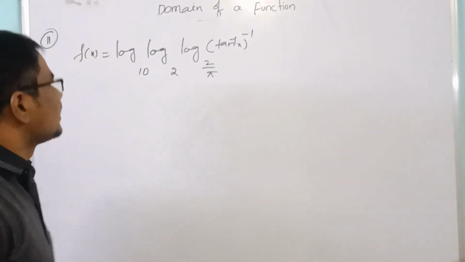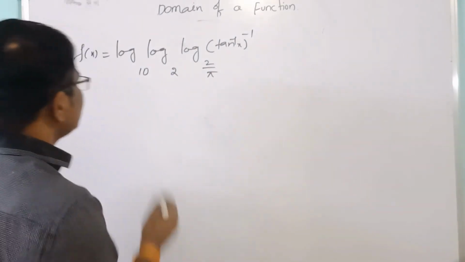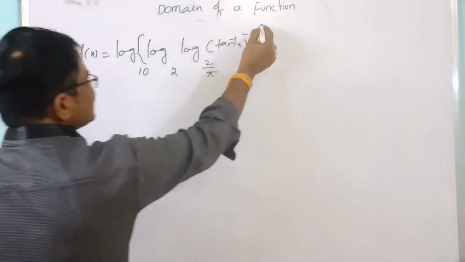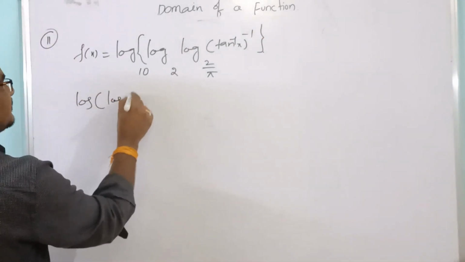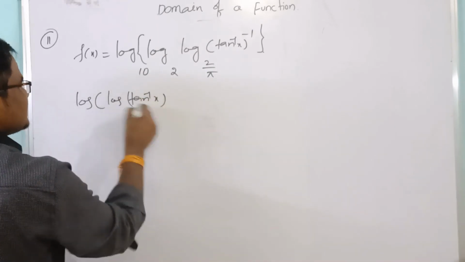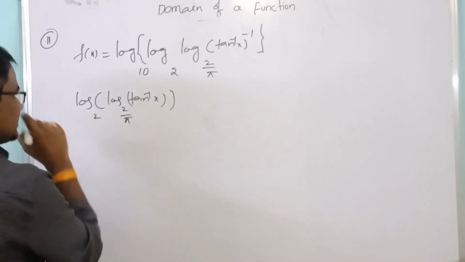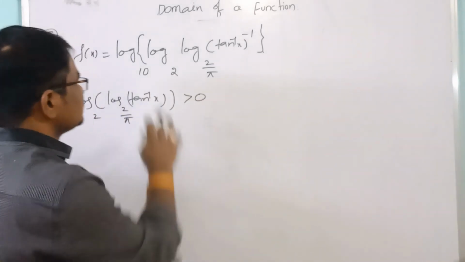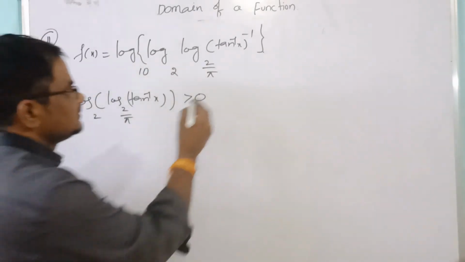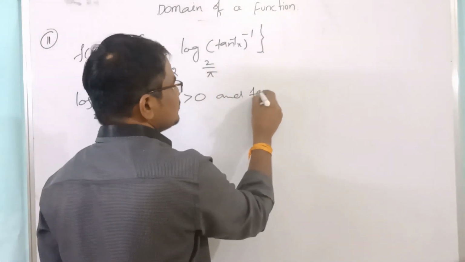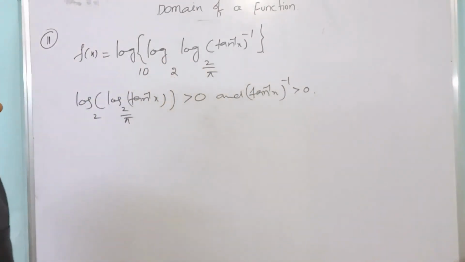Once you see log to the base 2 by pi, we know that if you take this as x, log of tan inverse x to the base 2 by pi is greater than 0. If you take this as x, this is greater than 0, and so this one also, tan inverse x whole power minus 1 is greater than 0, right?